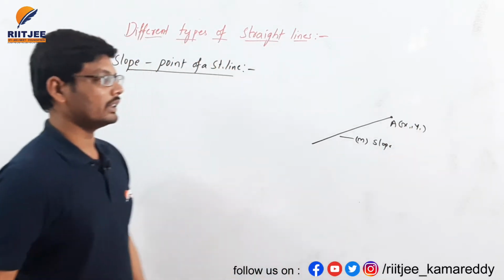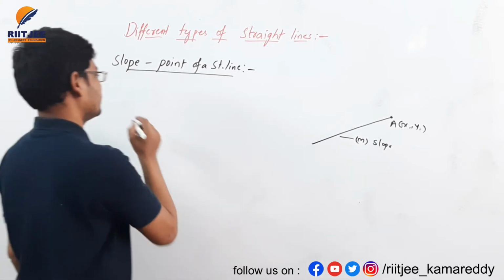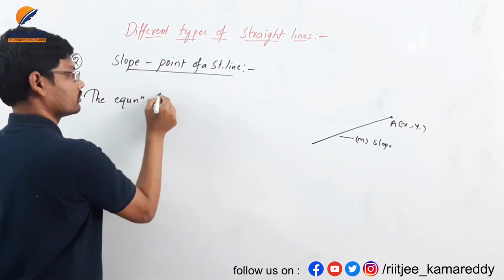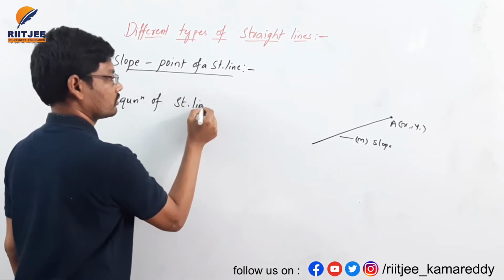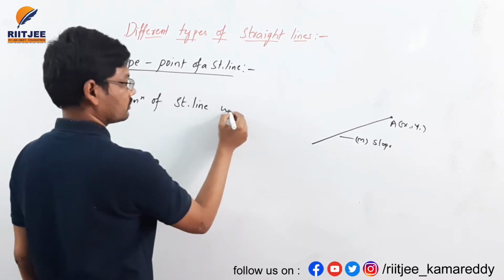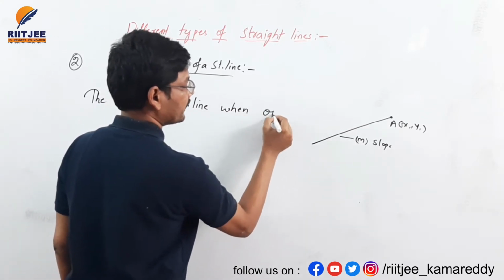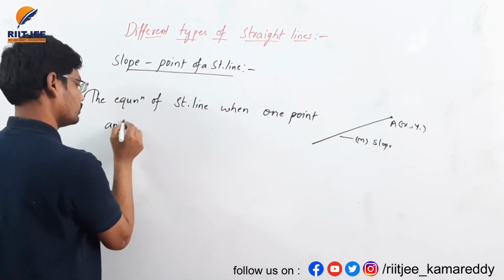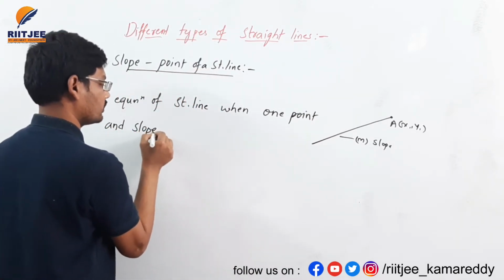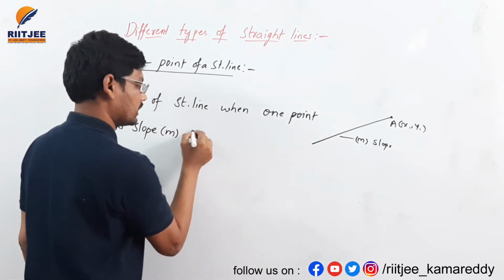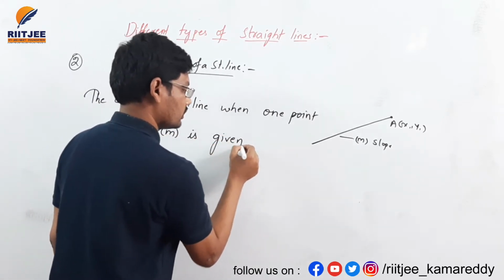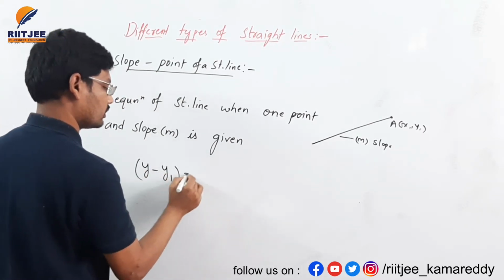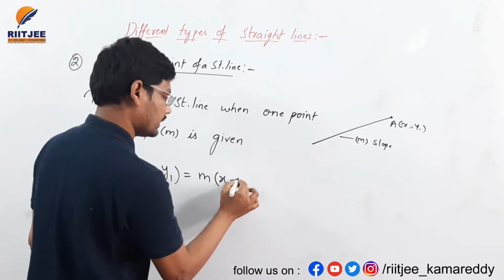If you want to find the equation of this straight line, the equation of a straight line when one point and slope m are given, that is y minus y1 is equal to m into x minus x1.